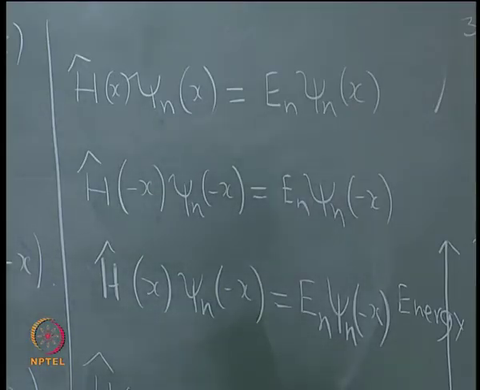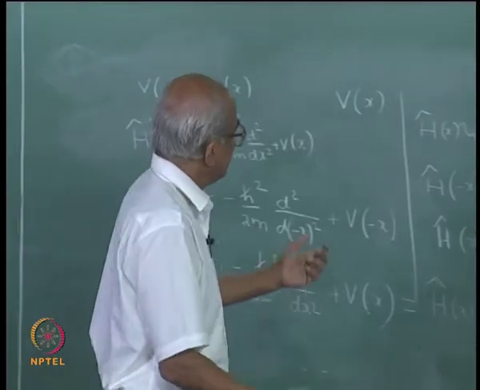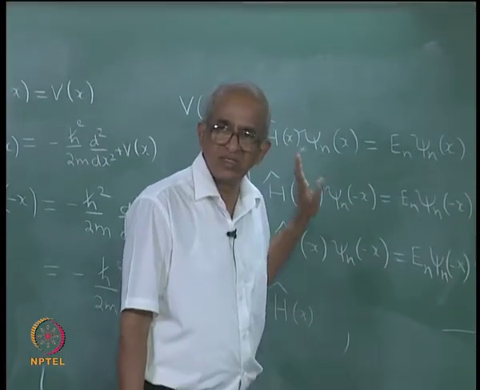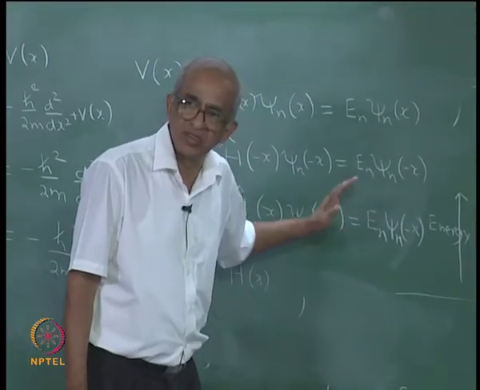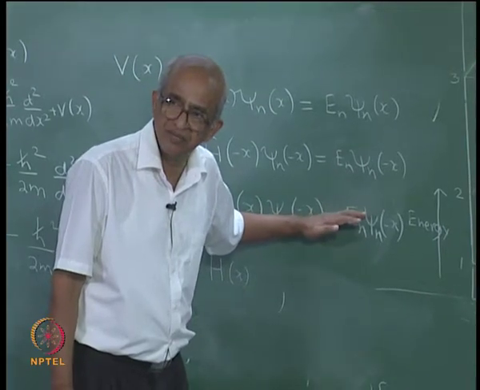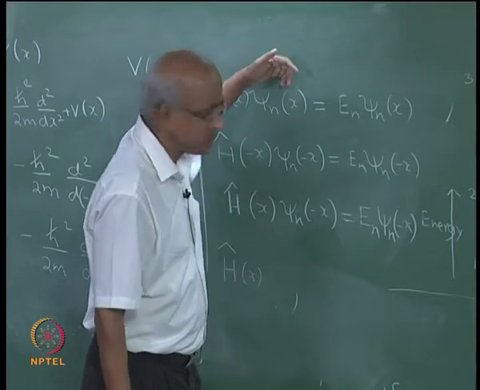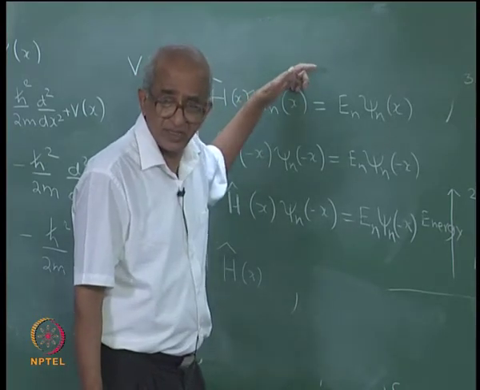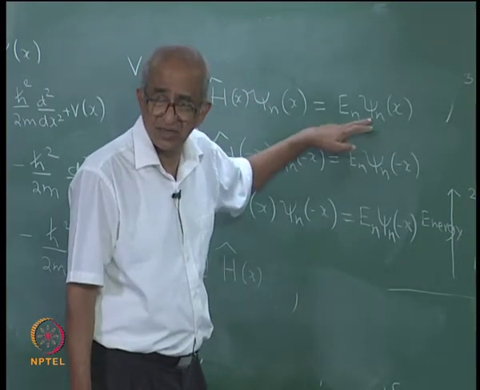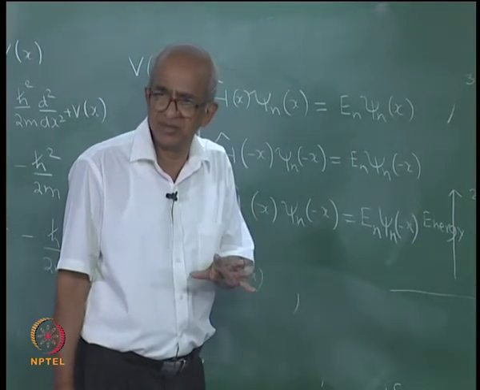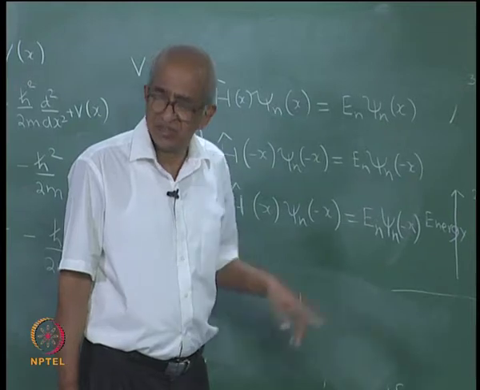So, what does this mean? This means that psi n of minus x obeys the same Schrodinger equation with precisely the same eigenvalue. If psi n of x obeys the Schrodinger equation with that eigenvalue, then psi n of minus x also obeys exactly the same equation with the same eigenvalue.